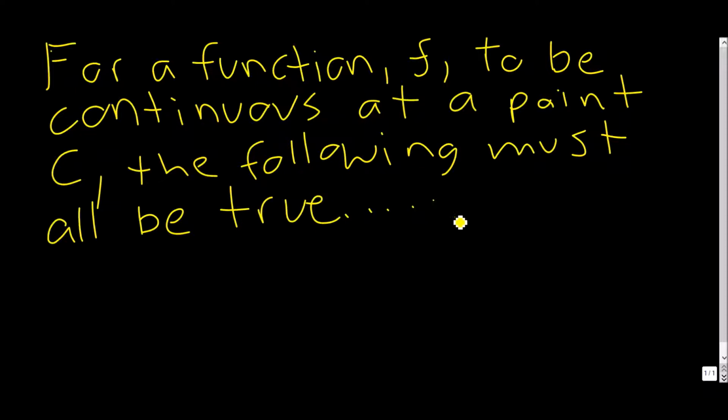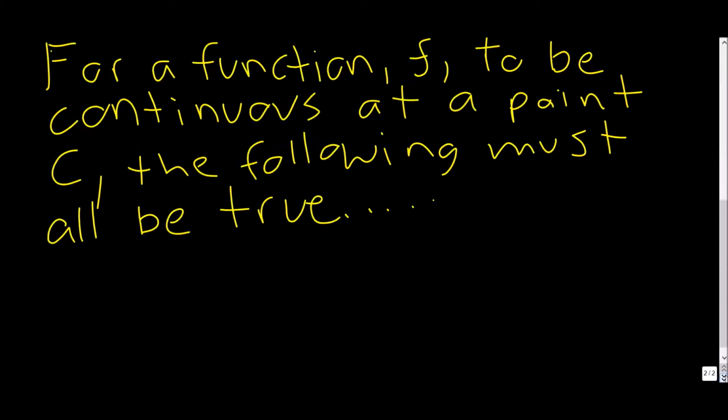We're picking any arbitrary point C, and we're going to go through all of the things that must be true in order for that to happen. And we'll talk about the situations where it doesn't work as well, and the combinations of things that can happen.